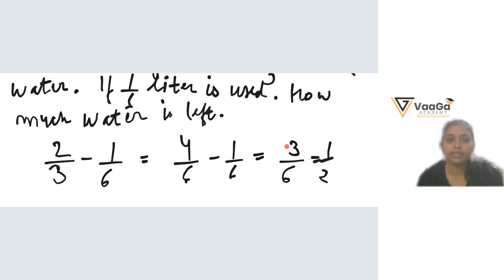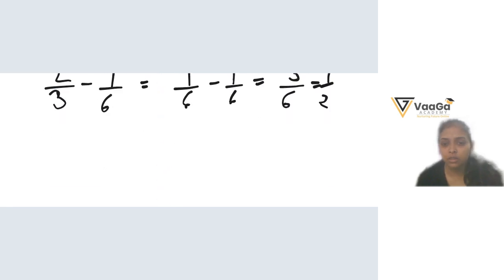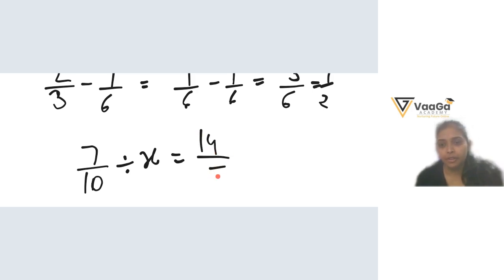Okay, let's try this one. This is a little trickier one. 7 by 10 divided by x is equal to 14 by 5. We have to find x. What will we do in this? Ma'am, we'll take the divide.